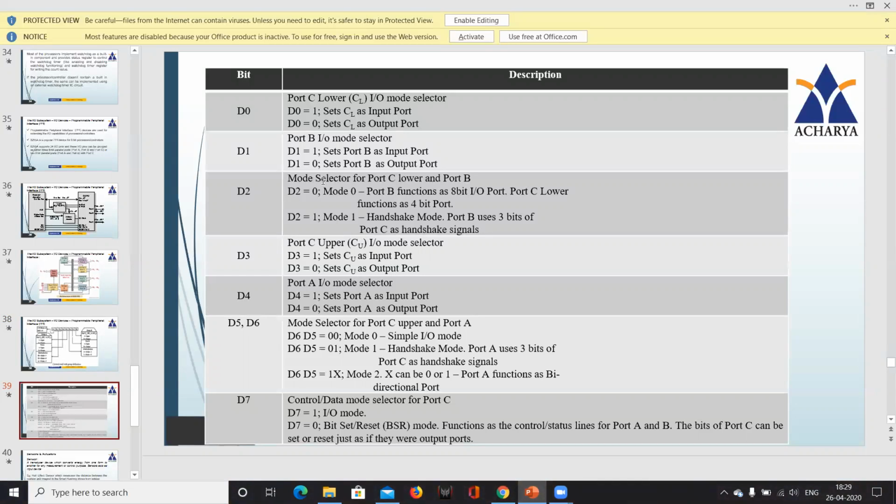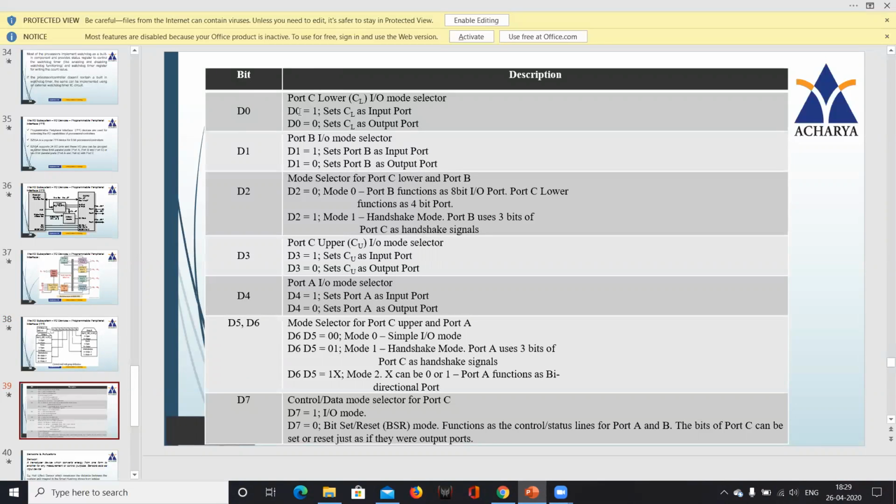Now coming to D2. If it is 0, it is mode 0 for port B. If it is 1, it is mode 1 for port B. Now coming to D1. If D1 equals 1, then the entire port B is an input port. If it is 0, the entire port B is an output port.